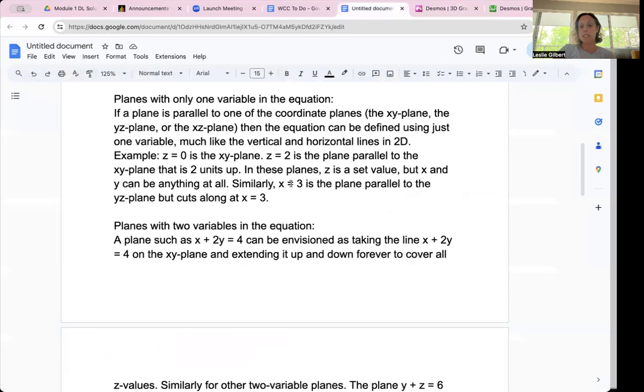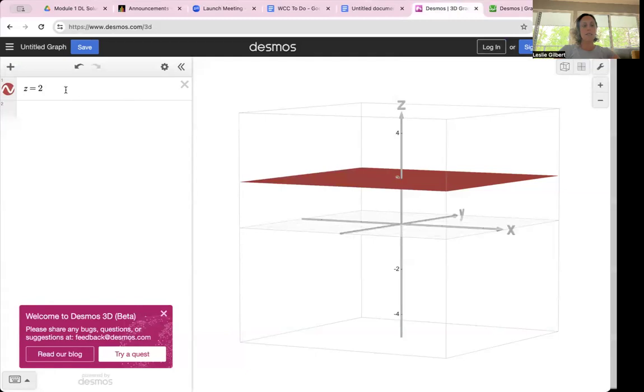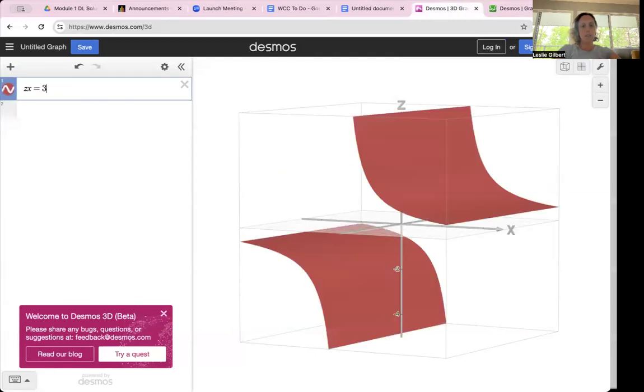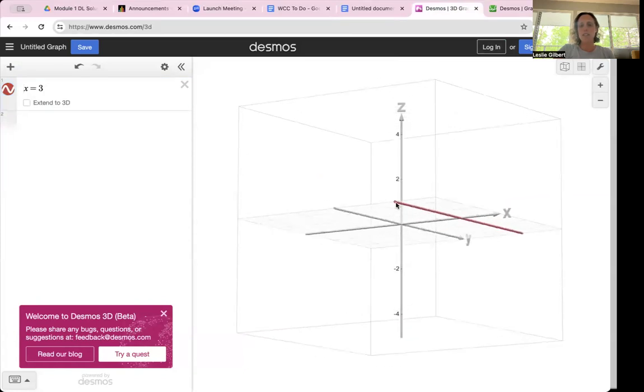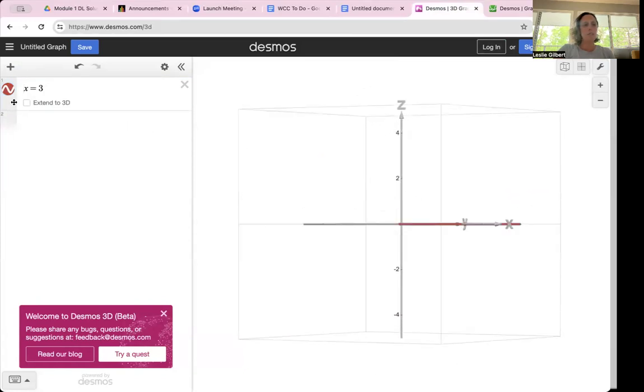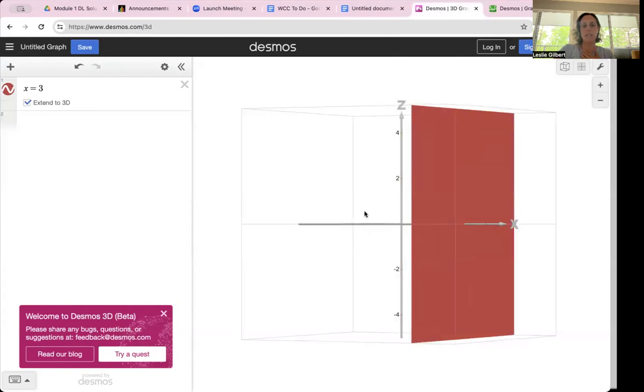We can do the same thing for something like X equals 3, but that one is now going to be parallel to the YZ plane, because Y can be anything, Z can be anything, but X has to be 3. As an example of that, I just made something kind of fun. Do you see how it's now back to a 2D graph? Sometimes you want to re-click extend to 3D.